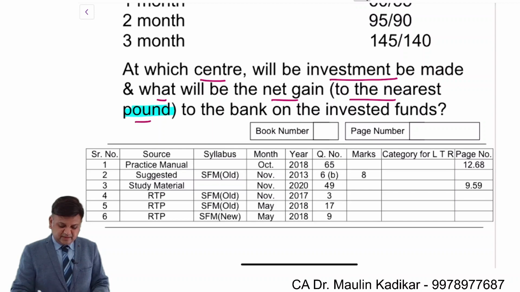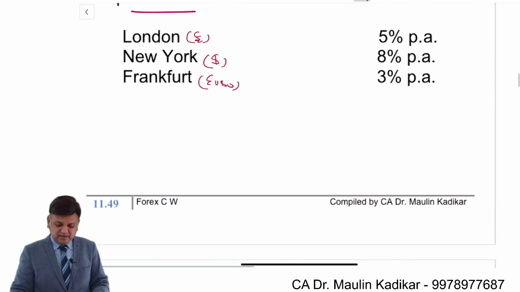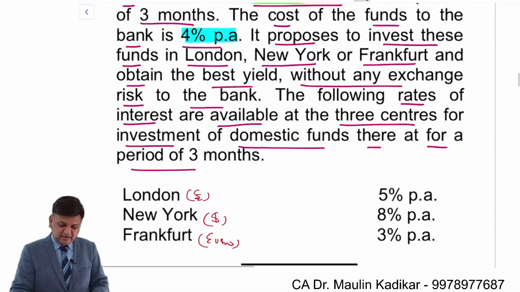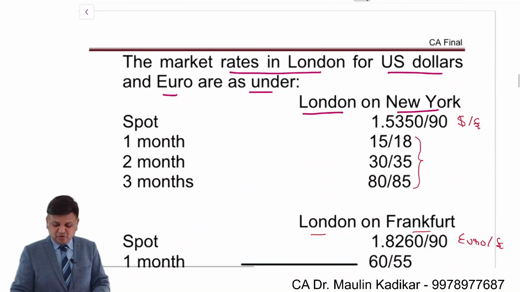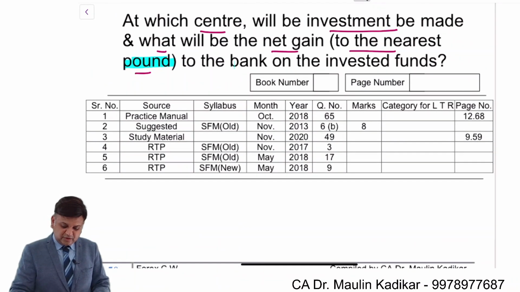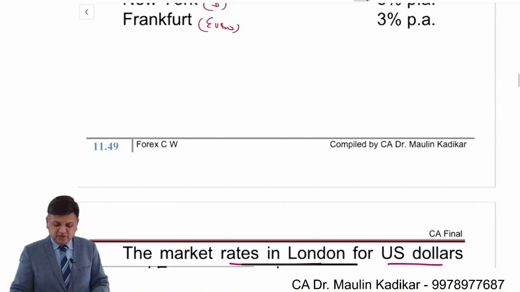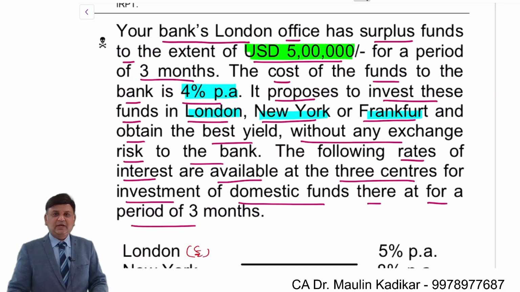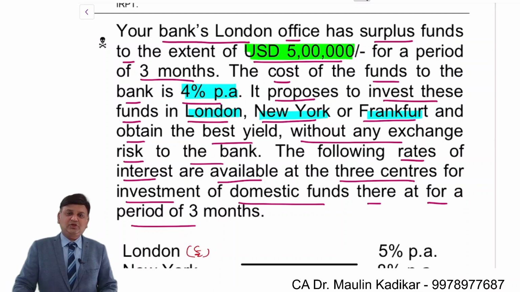So you are required to make the computation of the net gain in the pound currency term, if at all you invest in London, that is in pound currency, New York, that is in dollar currency, Frankfurt, that is in euro currency, to the bank on the invested funds. So the question says that from these three alternatives, which alternative is the best? So let us go one by one with the options. So the first option is, let us say that the investment made in pound currency.